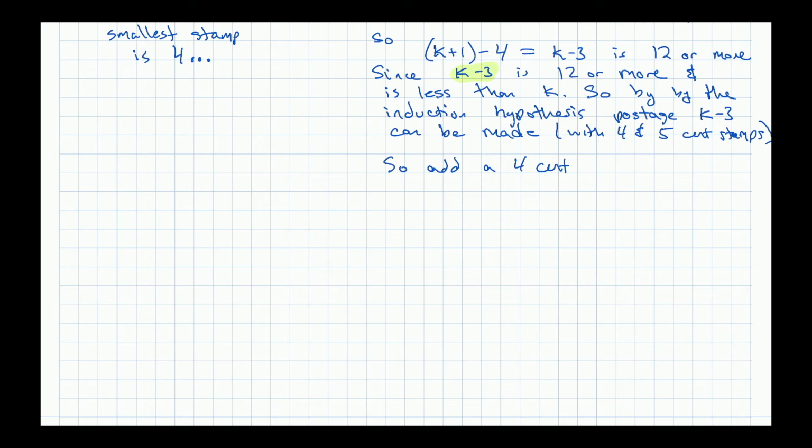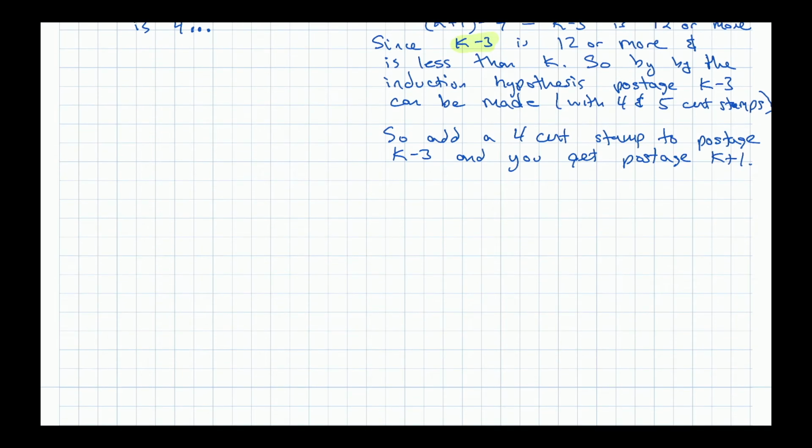So add a 4-cent stamp to postage k minus 3, and you get postage k plus 1. And that's what we were trying to prove, that you could make postage k plus 1. So postage k plus 1 can be made with 4 and 5-cent stamps only.